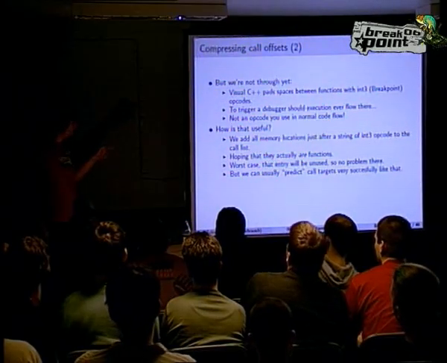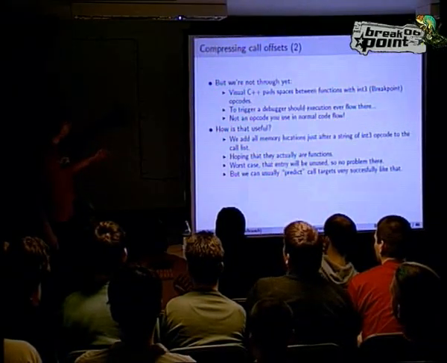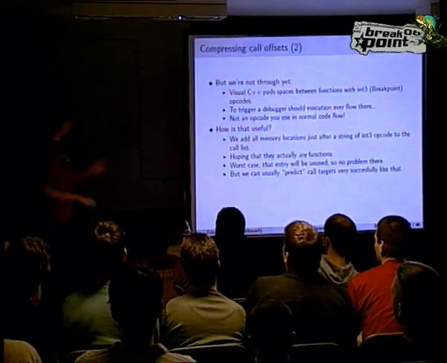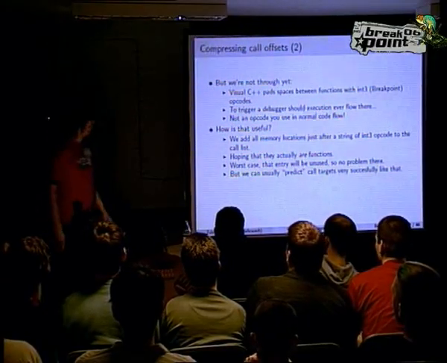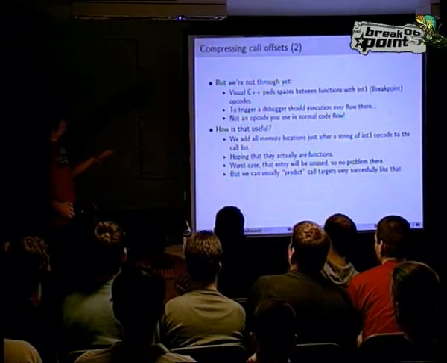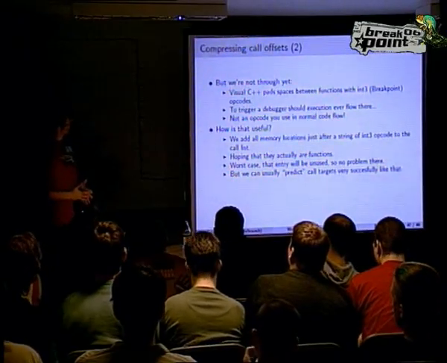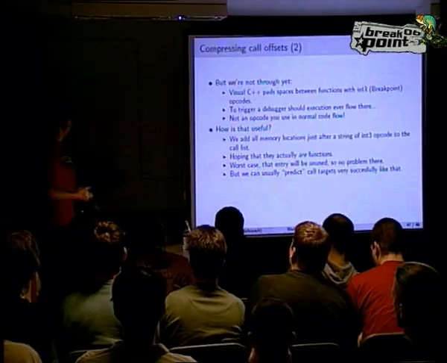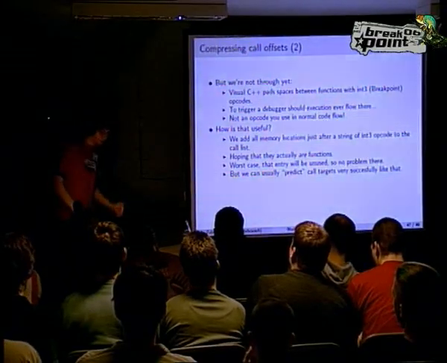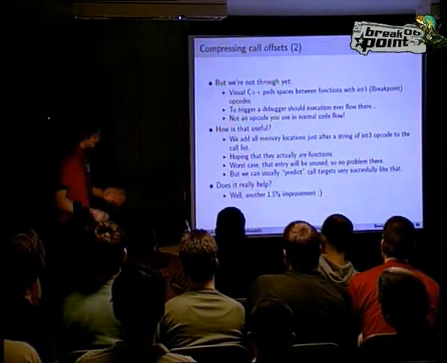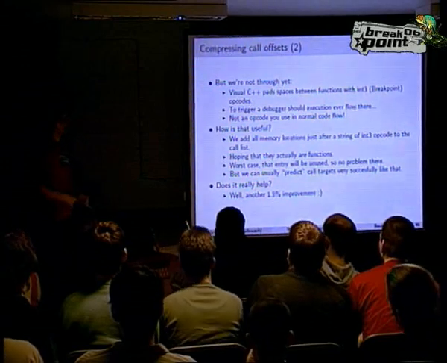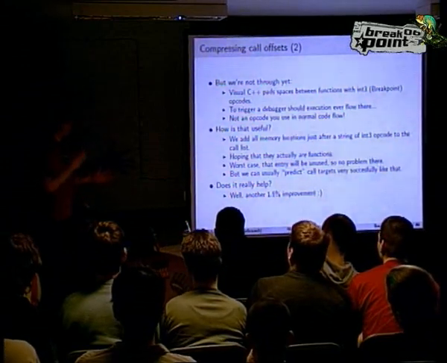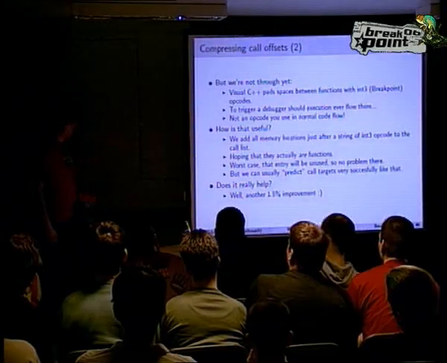So 92% of all calls are encoded not with a complete offset, but only with this index number, because either we found it first, or on the second call it gets coded with that index. So this really helps a lot, and it gives you another 1.5% improvement on top of everything else we already had.